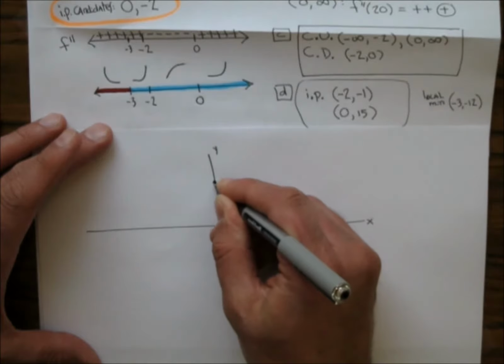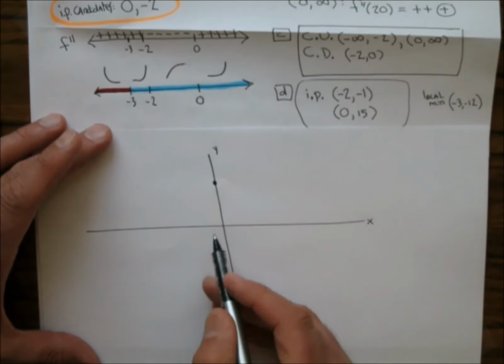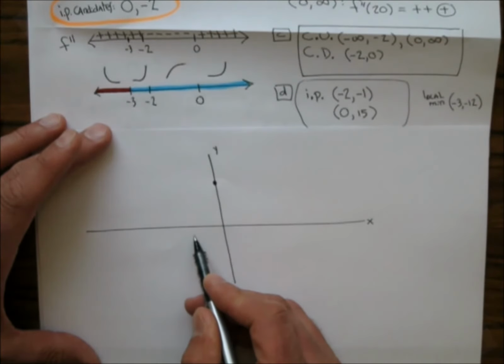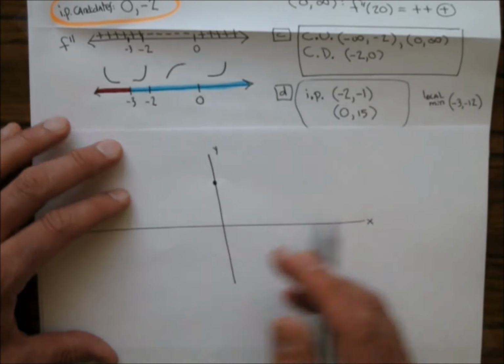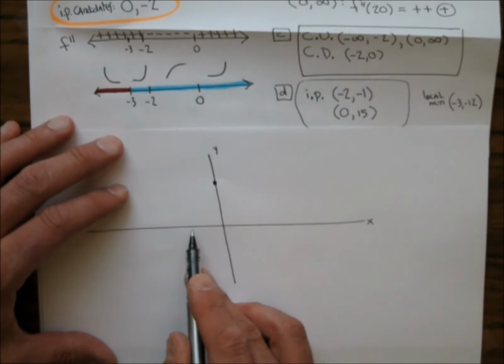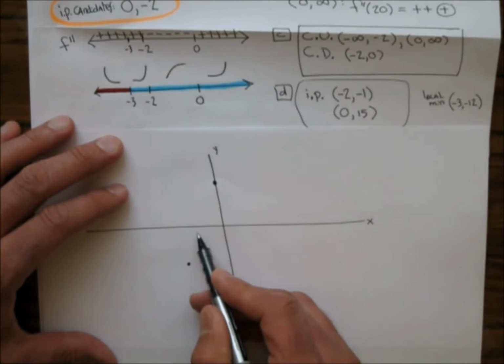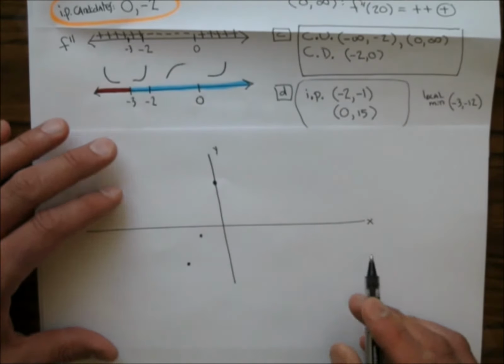I guess I'll just put that right there. And -2, -1. And let me see what else I have. -3, -12. So -3, -12 is right here. I'm not putting tick marks here. And -2, -1 right there.